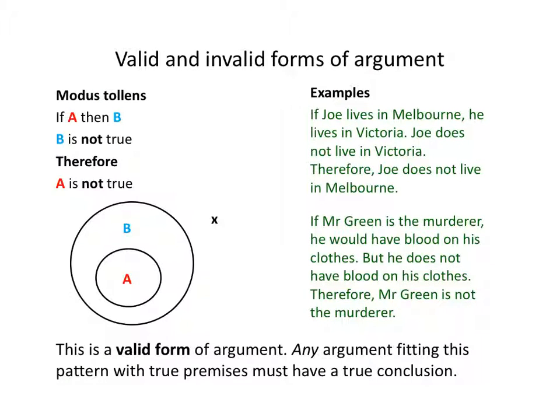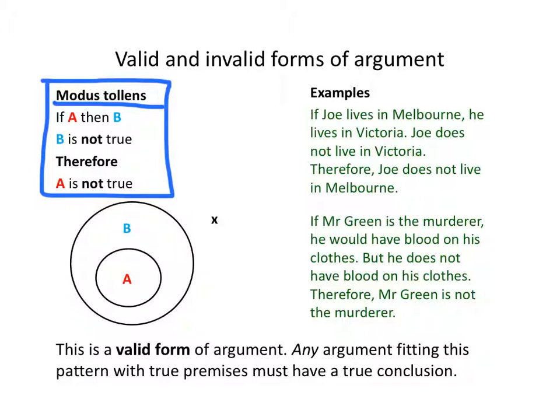Here's that pattern of argument again. If A, then B. B is not true, therefore A is not true. This pattern of argument is called modus tollens, and you can see, I hope, that any argument that fits this pattern will be deductively valid.